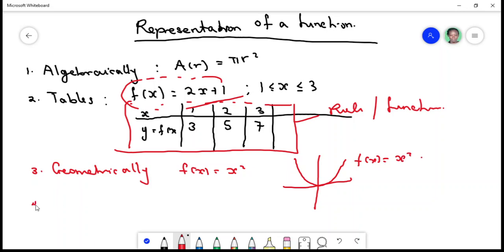Then you can do it verbally as well, like we looked at earlier. The simple application is that the area of a triangle is a function of the base and height, which is equal to half base times height. So this is the basic definition and representation of a function.